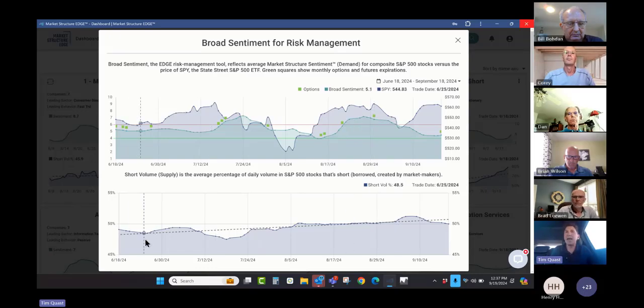Down here, supply is short volume. The market depends heavily on shares that don't exist to perpetuate what's called the continuous auction market that the SEC has propagated under Regulation National Market System. And notice that it's 50% of trading volume. 50% of trading volume is borrowed, created, short.